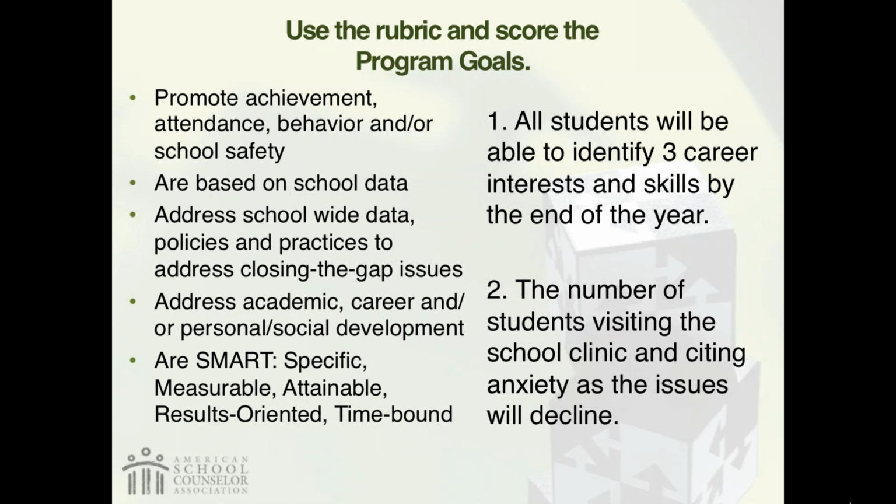So therefore, I would probably rewrite that in terms of an achievement, attendance, or behavior goal and use the career perspective as a way to get that goal. But as it stands, it's not well grounded in the 3 areas of achievement, attendance, behavior that ASCA recommends.